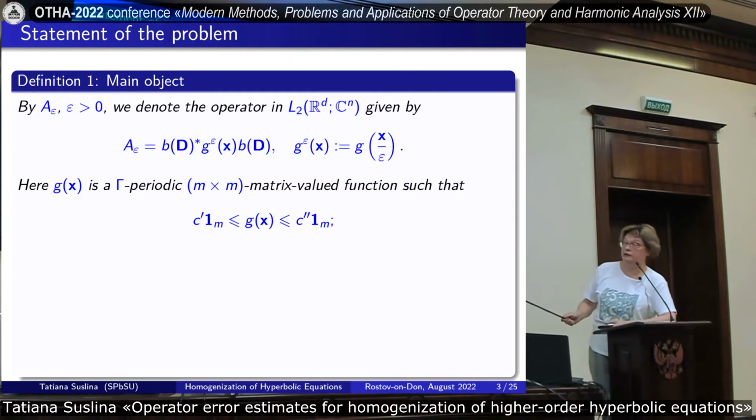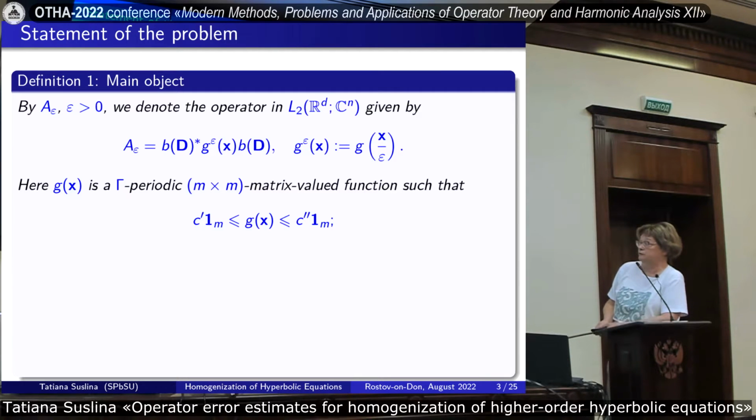It is assumed that this matrix valued function G is periodic with respect to the lattice gamma, bounded, and uniformly positive definite. In general, G of x is a Hermitian matrix with complex entries. And we don't need any smoothness assumptions on G.